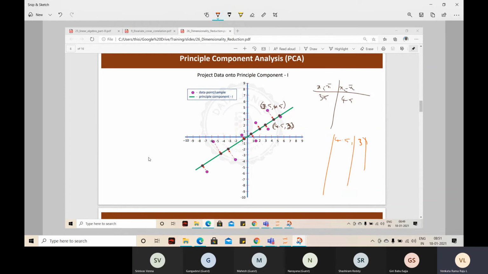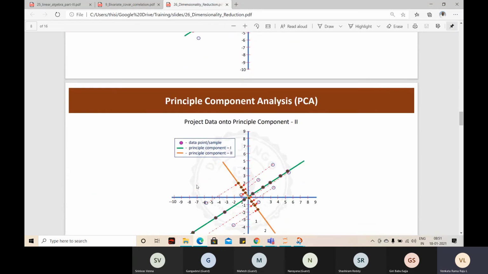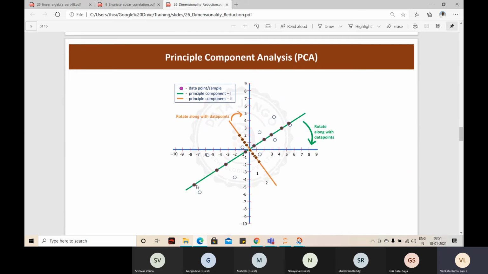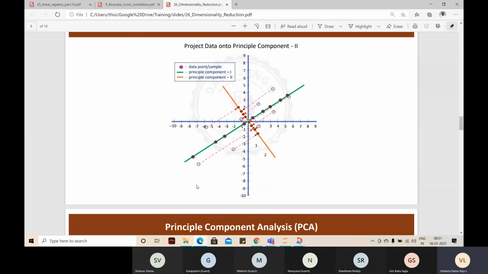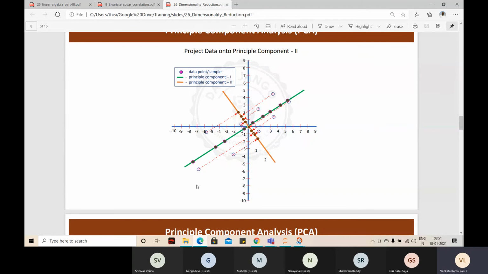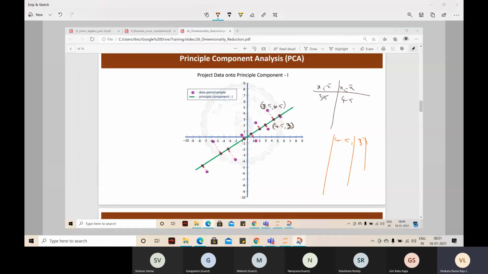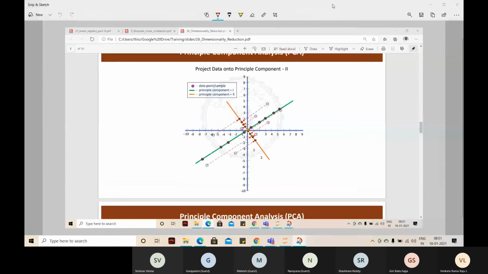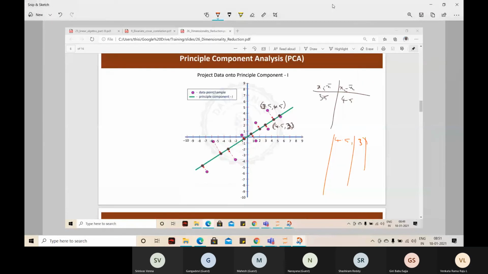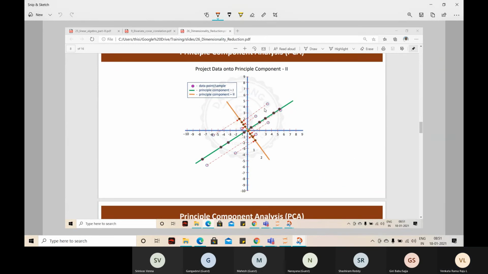So let us go back to the diagram again. On the second principal component also we'll take the same data point. This data point we have taken. So here this data point, 3.5, comma 4.5.